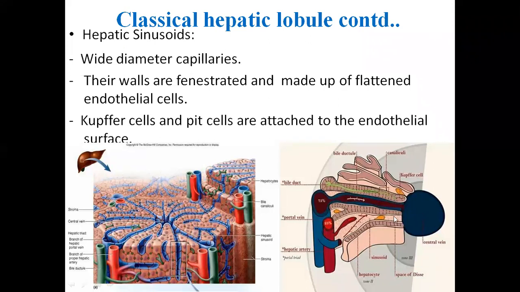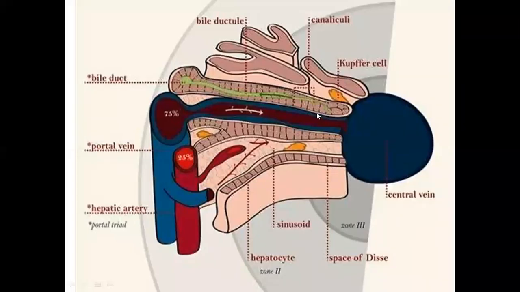Here you can see the hepatic sinusoids, to which Kupffer cells and Pit cells are attached. In a closer view, these are the Kupffer cells which line the hepatic sinusoids, and the other cells attached to the liver sinusoids are the Pit cells.